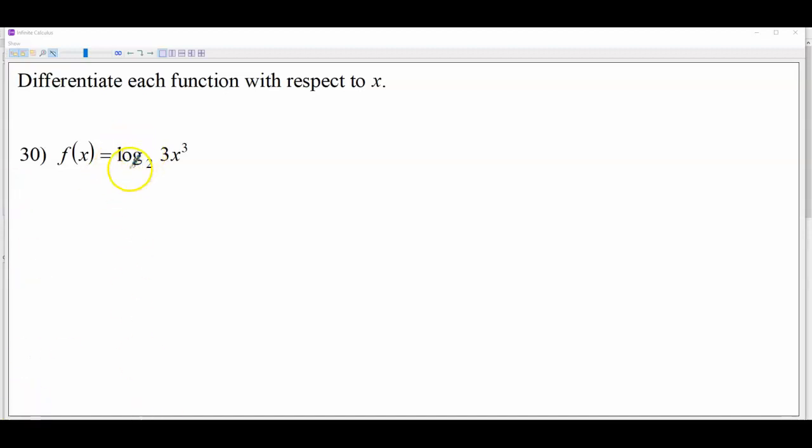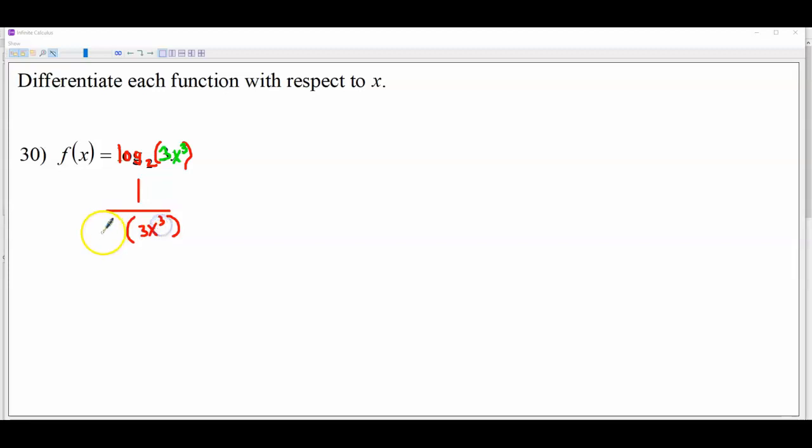So how these ones work is, once again, it's going to be a chain rule. You have the outside function, which is the log, and then we have our inside function, which is this 3x cubed. Now the derivative of the log is going to be 1 over whatever the inside is, which is pretty much what it is with ln, right?